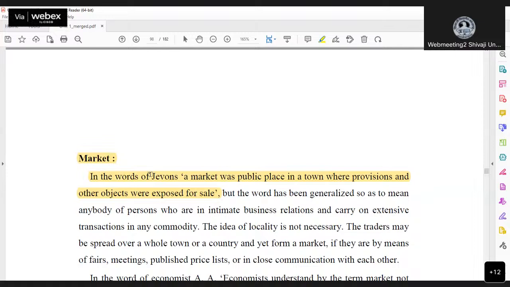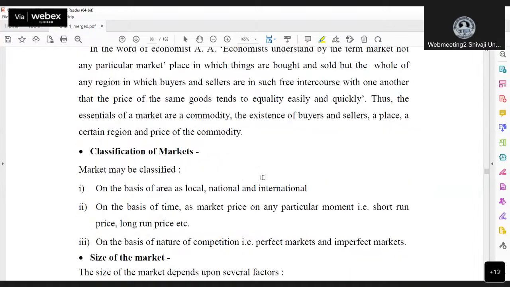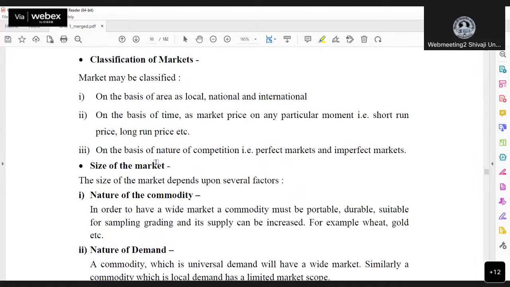In other words, the produced goods or products of the industry were kept before the customers for selling purposes. That place is generally treated as a market. Then classification of markets: based on the size of area, on the basis of time, on the basis of nature of competition, etc.